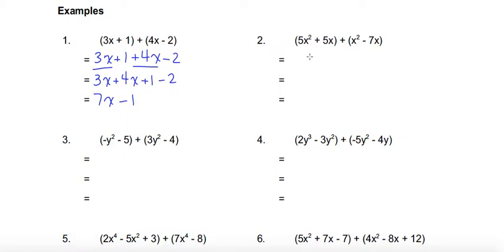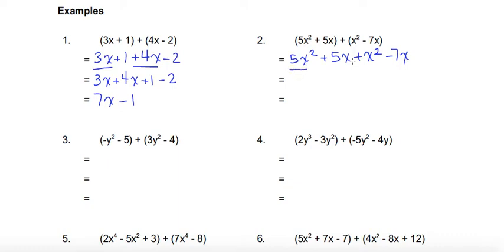Looking at our next example, I'm going to start by just rewriting this without any brackets. 5x squared plus 5x plus x squared, take away 7x. Now I want to collect my like terms.